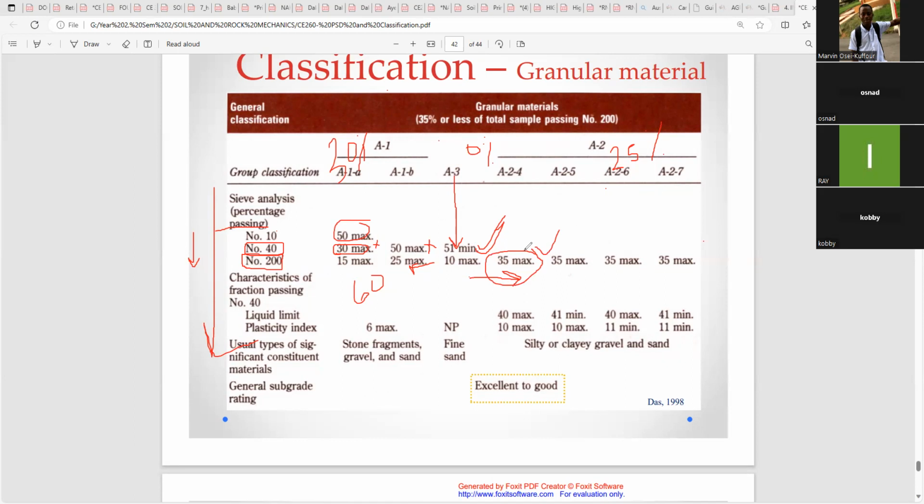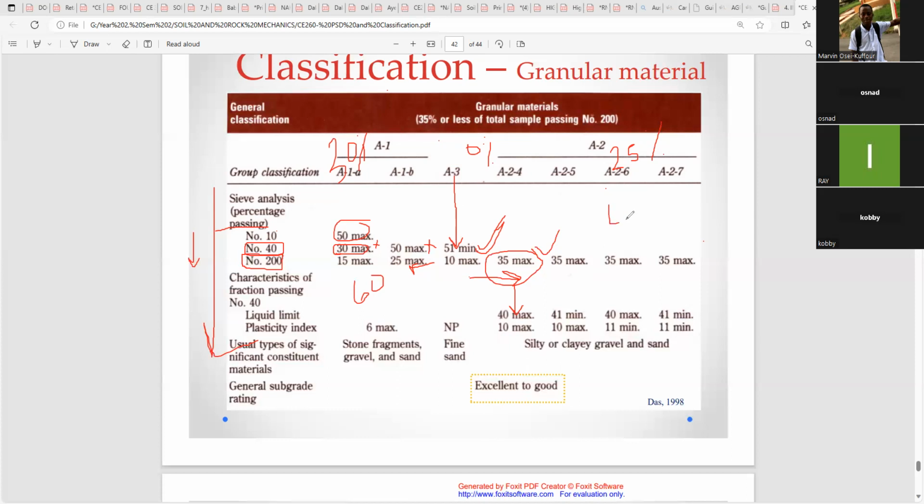We don't go again. We've landed on something that is giving us positive results. So we just look straight like that. So looking straight down, what do you find? Liquid limit. And the liquid limit is maximum of 40%.